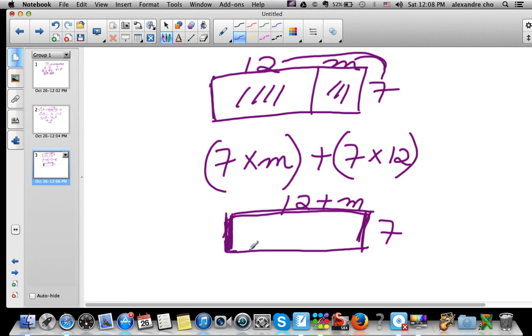So to find the area of a rectangle is base times height. So here, the height's 7, and the base, or the length, I should say, is 12 plus m. Okay? So here we got 2 ways.